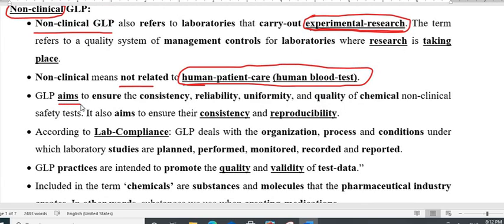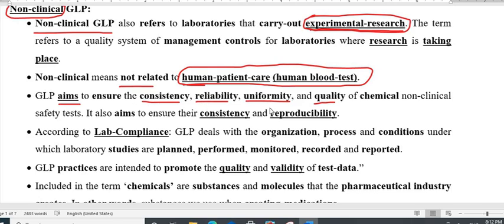So what is the aim of GLP? What is the GLP telling? It is ensuring the consistency. It is also ensuring the reliability, ensuring the uniformity, ensuring the quality of chemical under the non-clinical test. So under the GLP, we are ensuring that the results should be consistent, reliable and uniform.